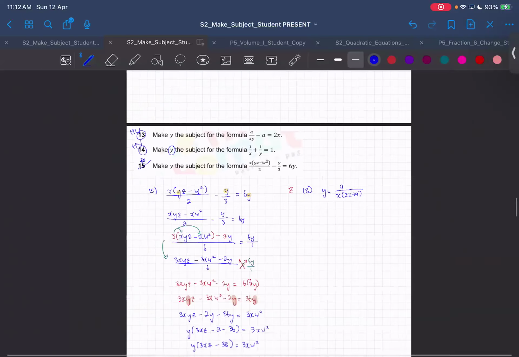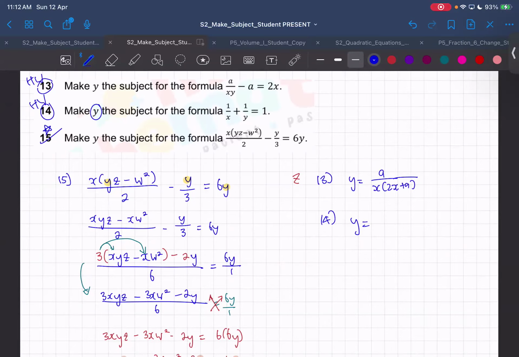We got y equals to, what's your answer for 14? x over x minus 1. If not, I can go through any question.